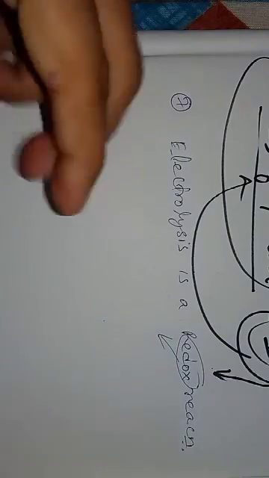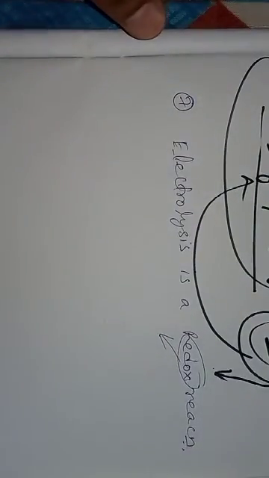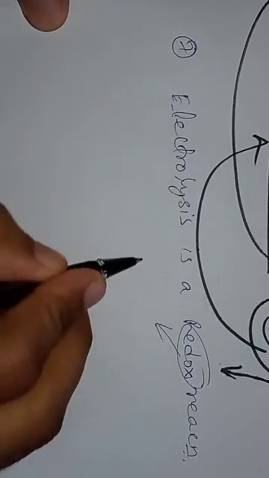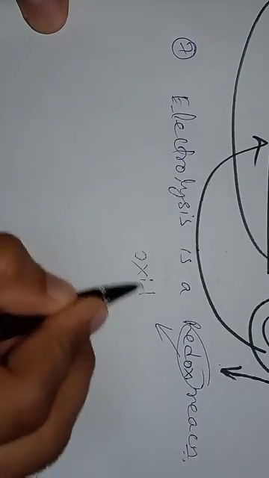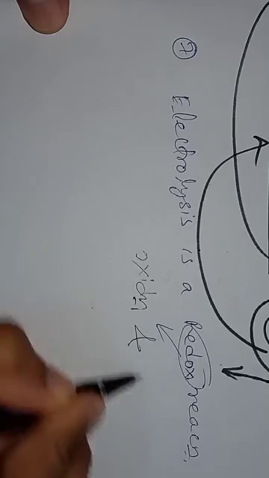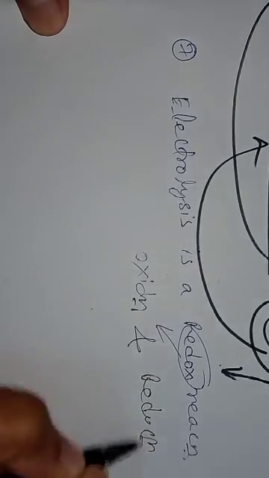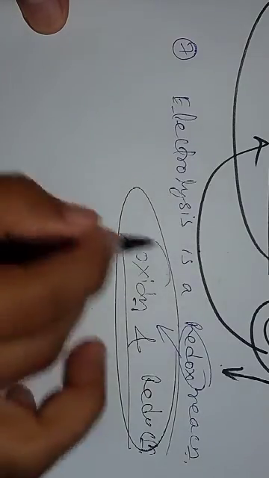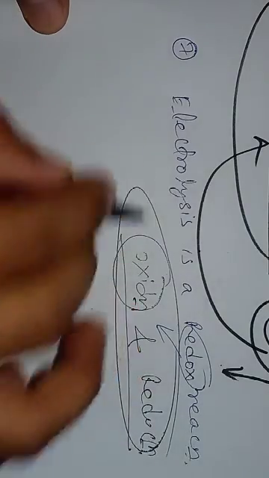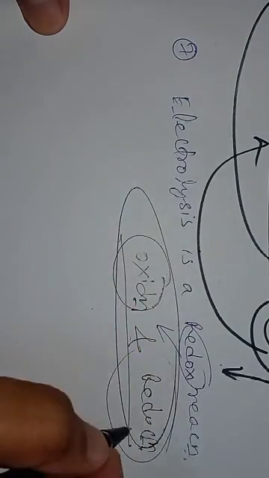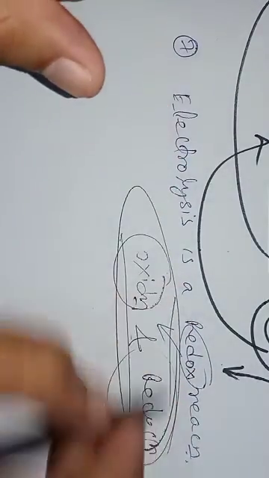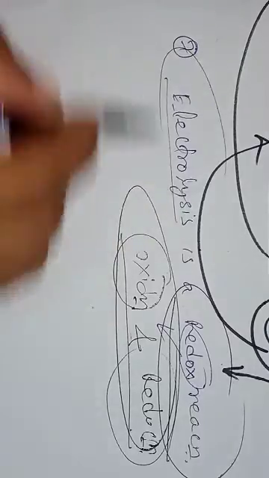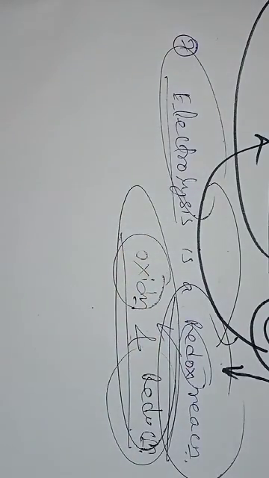A reaction is said to be redox in nature when it undergoes oxidation and reduction simultaneously. At the same time the reaction is undergoing oxidation, some part of it is undergoing reduction, then you say that that kind of reaction is redox. So all electrolytic reactions are redox reactions. This is the seventh characteristic.